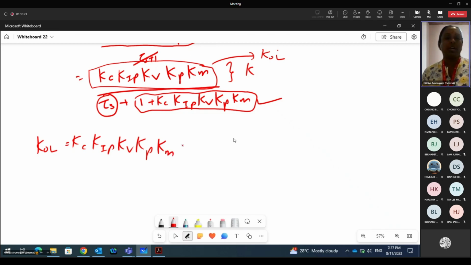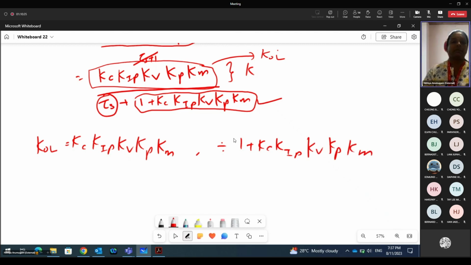I'm also going to divide the entire term by 1 plus KC, KIP, KV, KP, KM. Correct?